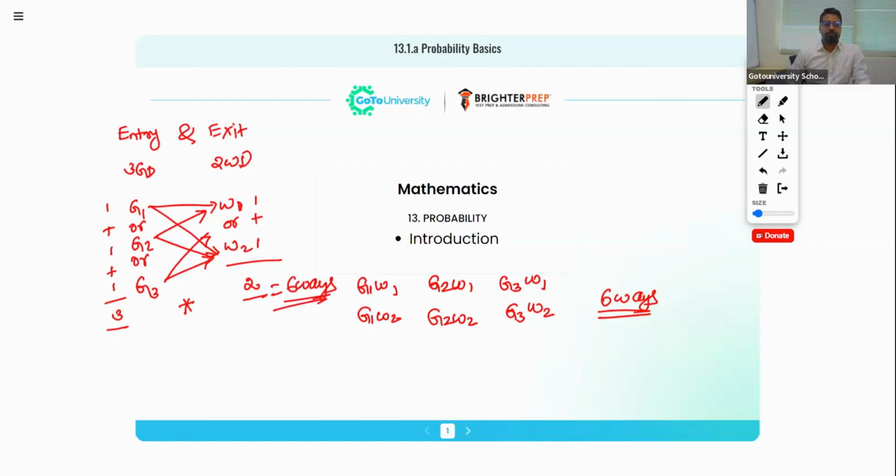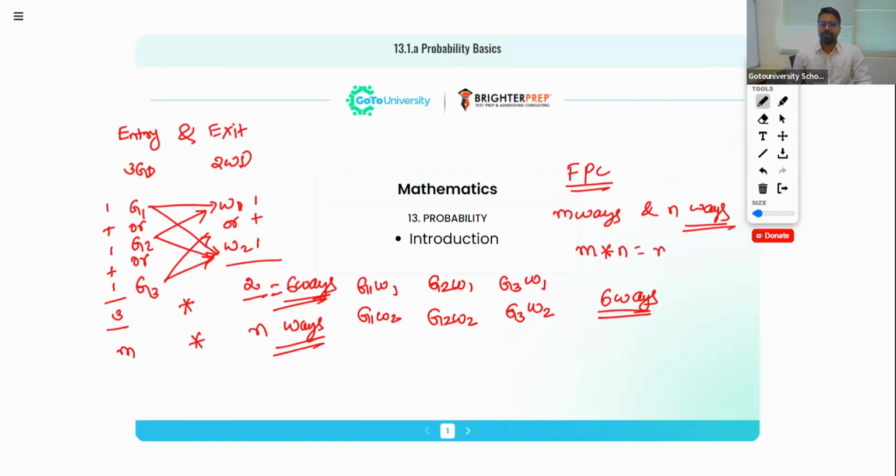In general, if you have m ways to enter and n ways to exit, the total number of ways of entering and exiting is how many ways? m into n ways. Okay. So the fundamental principle of counting says if a task can be done in m different ways and another task can be done in n different ways, and you want to do both the tasks together, the number of ways is m into n ways.